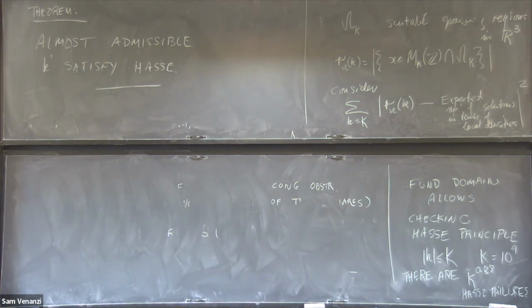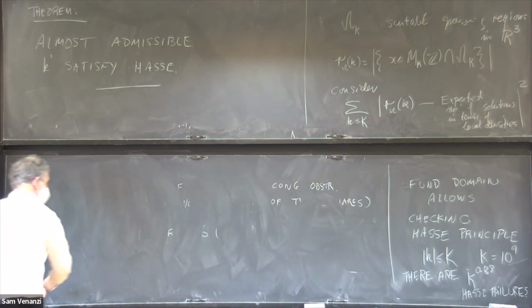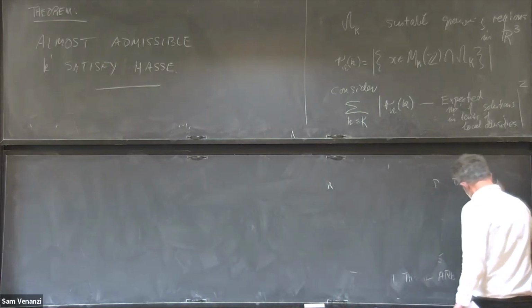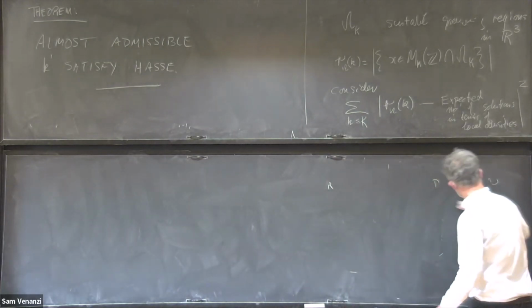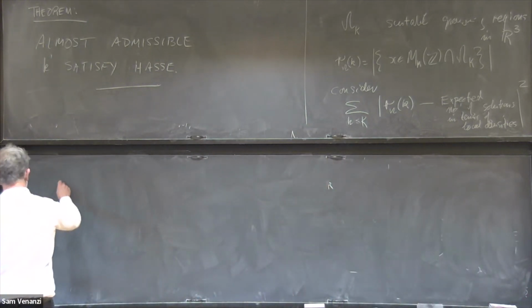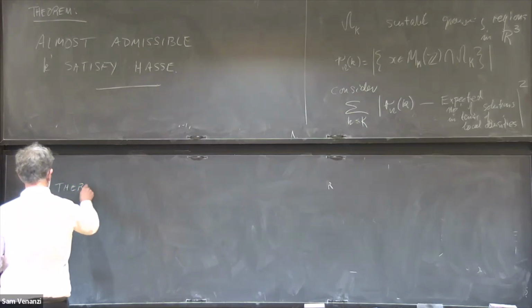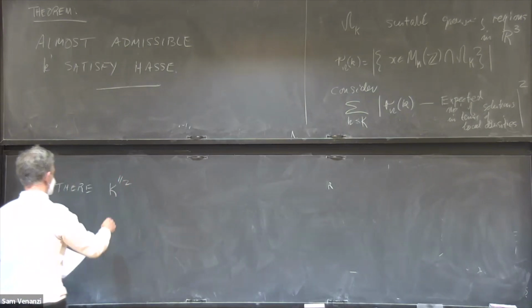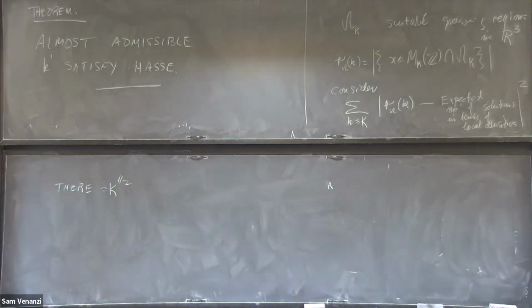I'll explain that in a new way. It's very clean. This has evolved through iterations of other people. Our first proof was just bare hands. These will be the basis of part 2 of this theorem: they are k to the half Hasse failures.